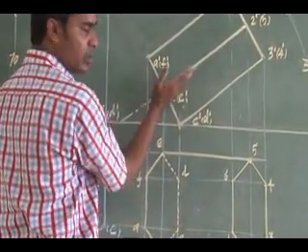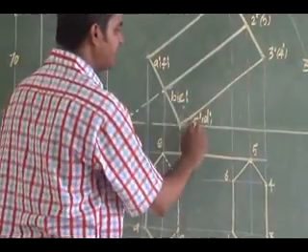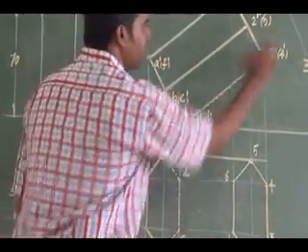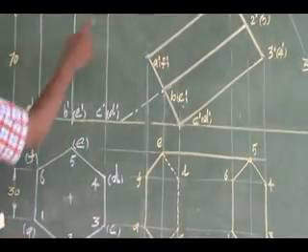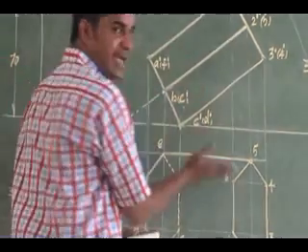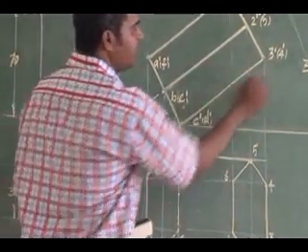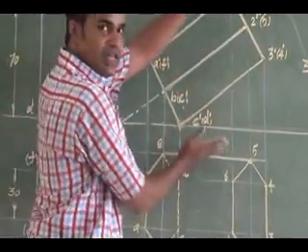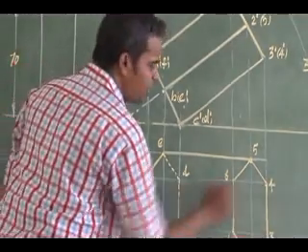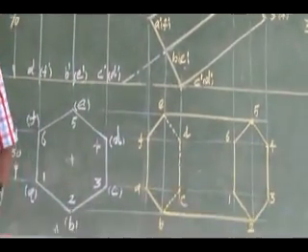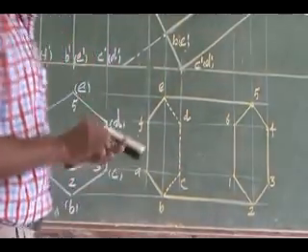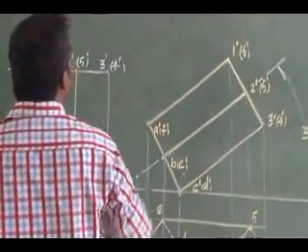This is the axis I have. The vertical edge is nothing but C3, D4. C3 is a vertical edge, D4 is a vertical edge. Below the axis, C3 and D4 are vertical edges, so below the axis that vertical edge is hidden. So you connect C3 and D4 as a dotted line, that is hidden. Right. So the remaining side edges are visible.